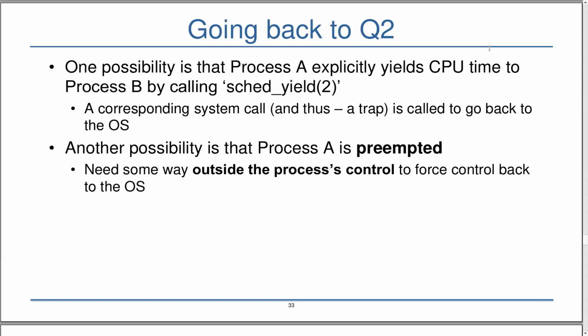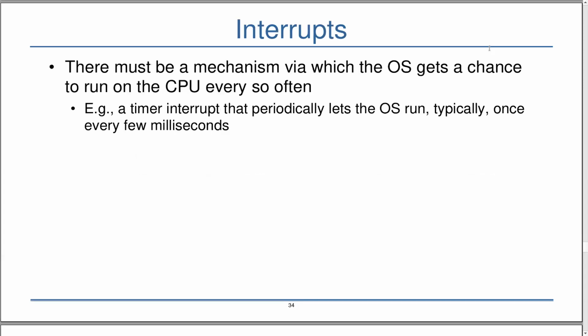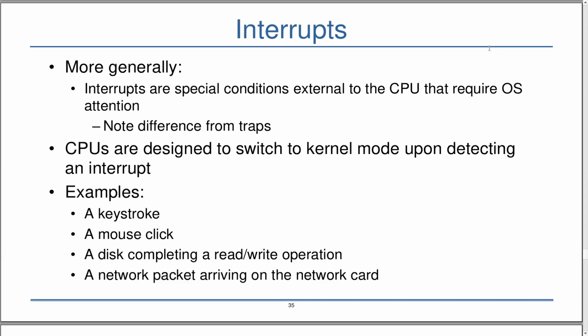The operating system deals in nanoseconds and microseconds. A lot of things can happen during 1 millisecond. So there must be a mechanism to do that, and we will use an interrupt. The timer interrupt will periodically let the OS run, and then we can switch to the operating system.